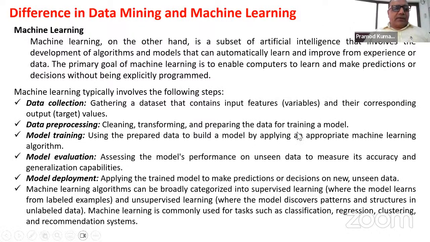Then in the next one, we discuss what machine learning is. What is written here is that machine learning, on the other hand, is a subset of artificial intelligence that involves the development of algorithms and models that can automatically learn and improve from experience or data.